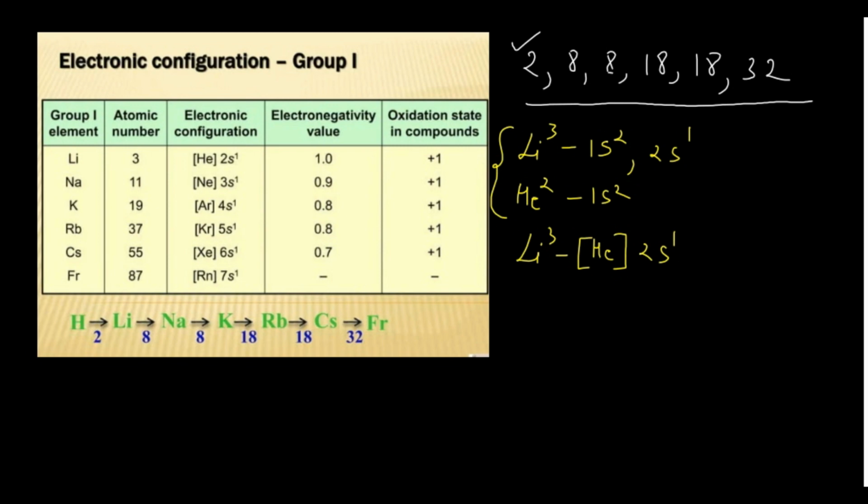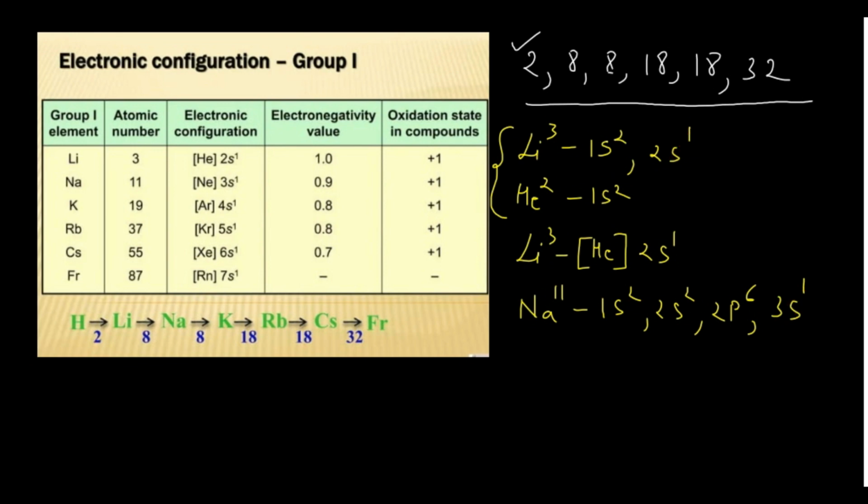Okay, similarly if you go for sodium, this is your sodium. I am writing the electronic configuration of sodium. Sodium is 1s2, 2s2 and 2p6 and 3s1. Because these are the s block elements, it is mandatory that the last electron will go into the s orbital.